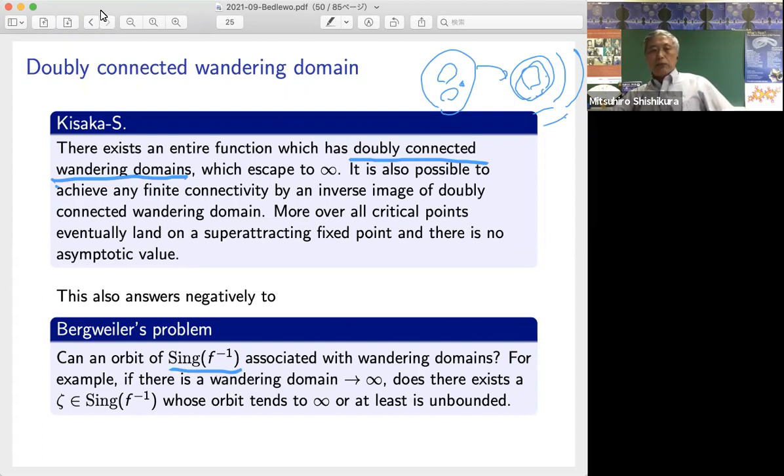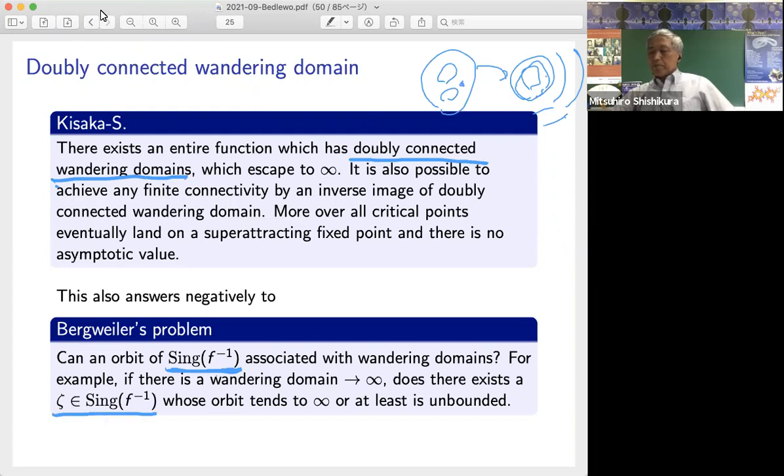And the picture was simple for rational maps. So probably one wants to have the same picture for entire functions. So is there any way you can connect a singular value to this wandering domain?